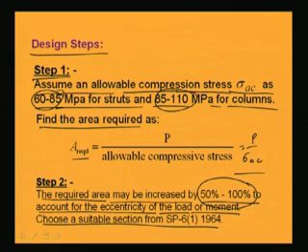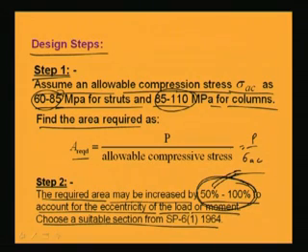How much it will increase depends on the magnitude of the moment compared to the load, and of course the experience of the designer. An experienced designer can choose a suitable area which will be safe for that type of design moment.